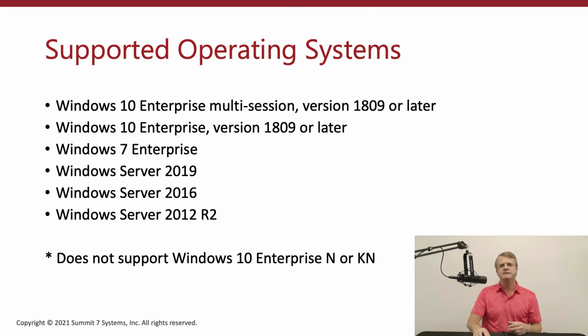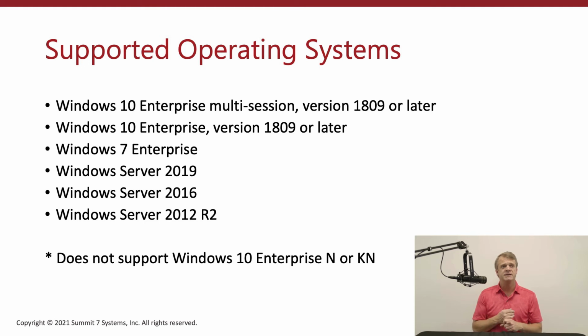So when we talk about supported operating systems, these are the operating systems we can run inside of a virtual machine, right? Inside of Windows Virtual Desktop, you'll see on your screen, Windows 10 multi-session, by the way, that's only supported in Azure. So don't go run multi-session on some other machine you have. It's only supported in Azure. Windows 10 Enterprise, you can see it's 1809, which is pretty standard nowadays.